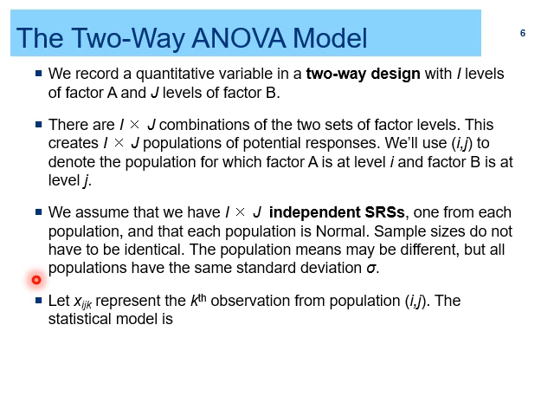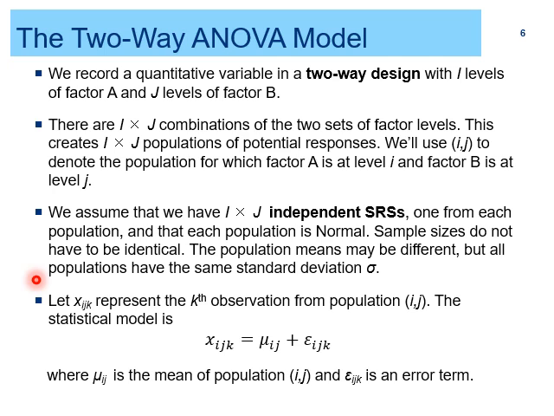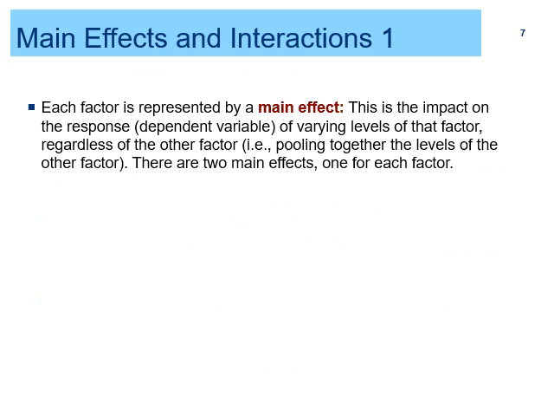So let Xijk represent the kth observation from population ij. The statistical model is, similarly to what we have already seen, Xijk is equal to mean ij plus error ijk. Now the main effects and interactions: each factor is represented by a main effect.